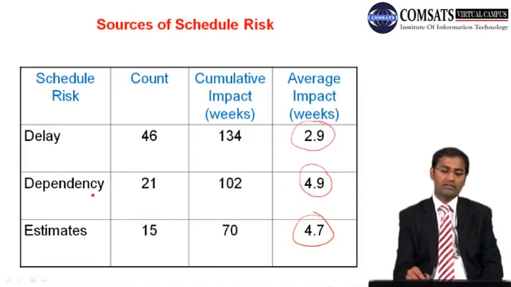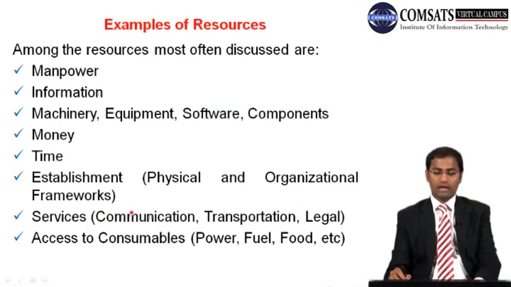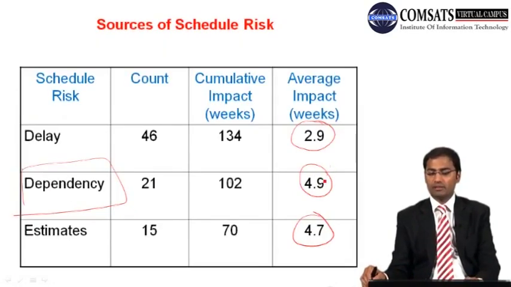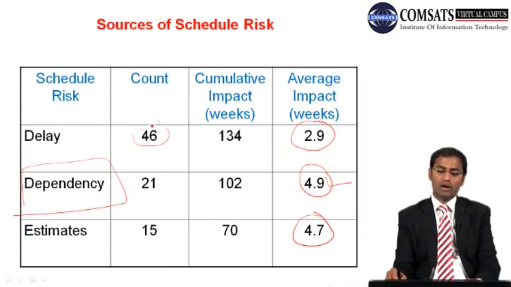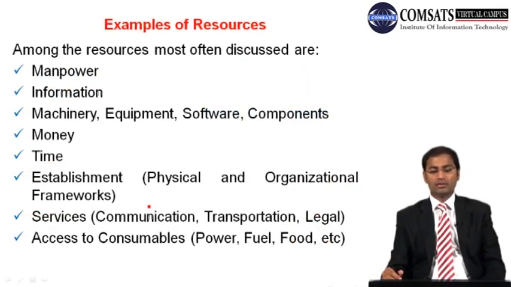So the most significant schedule risks as far as impact is concerned are the relationship types. As far as probability is concerned, the count of delays is higher.